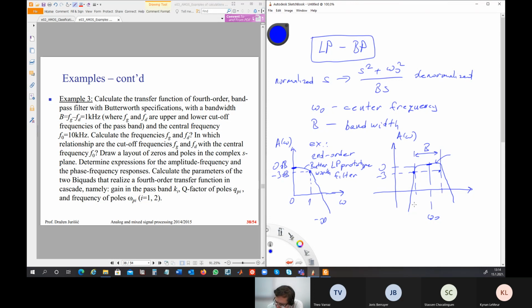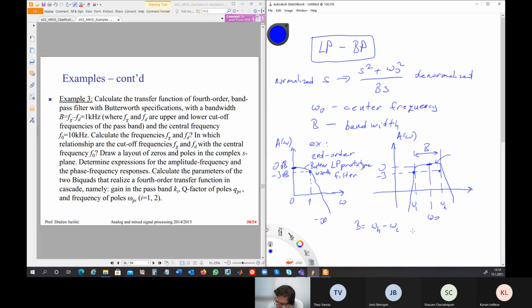So here you have the omega low and omega high frequencies, and if you subtract omega high minus omega L, you will obtain the bandwidth.